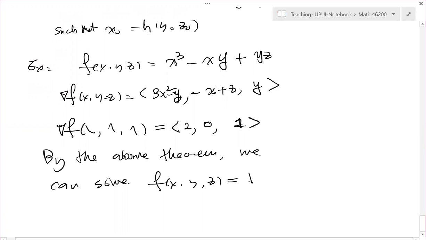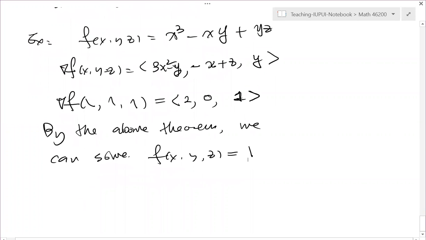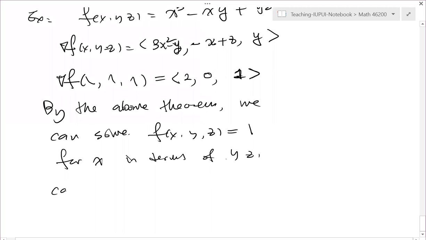When x equals 1, y equals z equals 1, that value is 0. For x, in terms of y and z, we can also solve it.